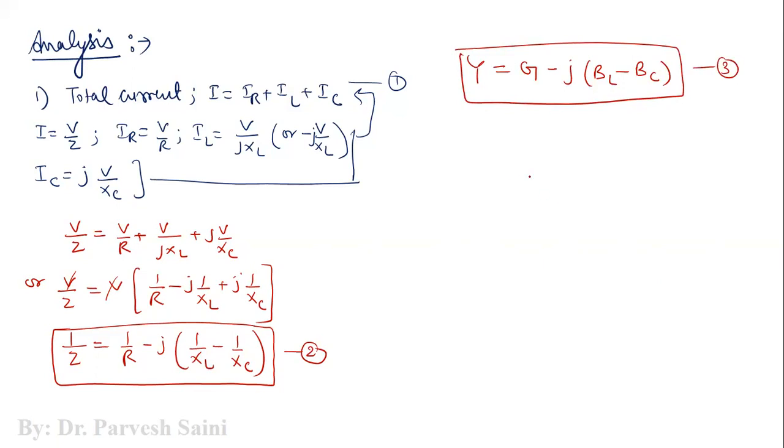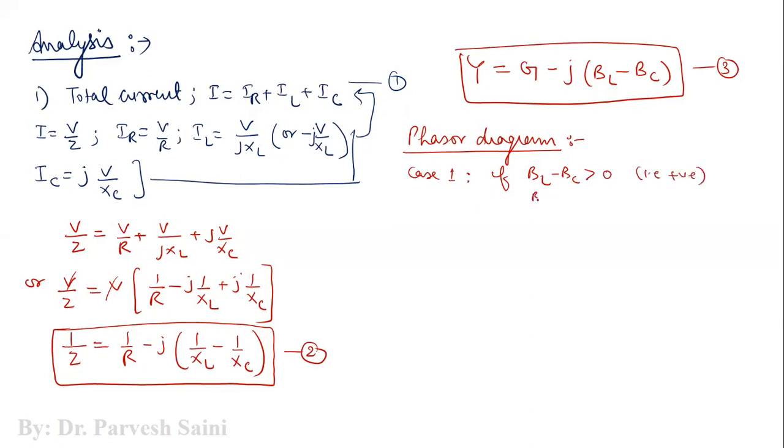So as far as the phasor diagram is concerned, depending upon the 3 cases. Case 1, if BL minus BC is greater than 0, that is positive, so BL is greater than BC, right?